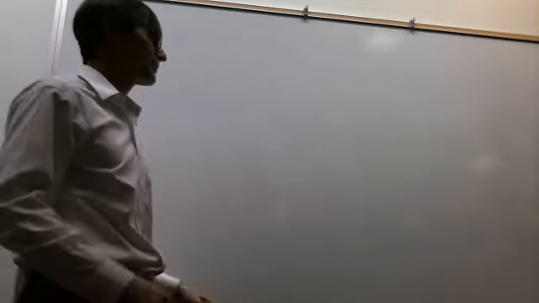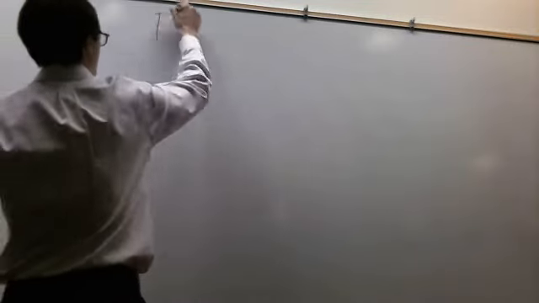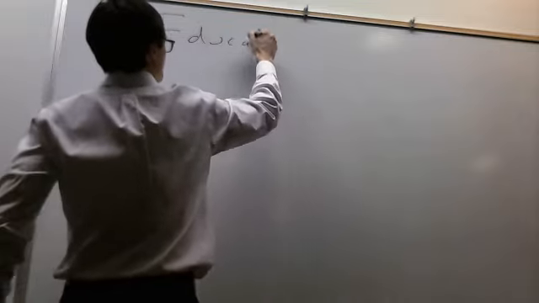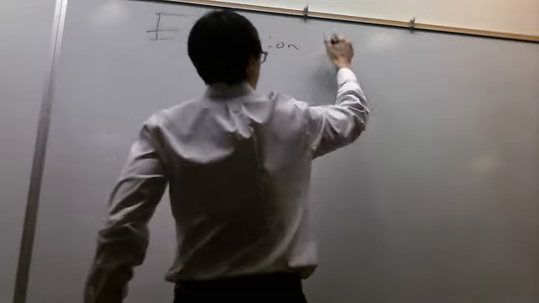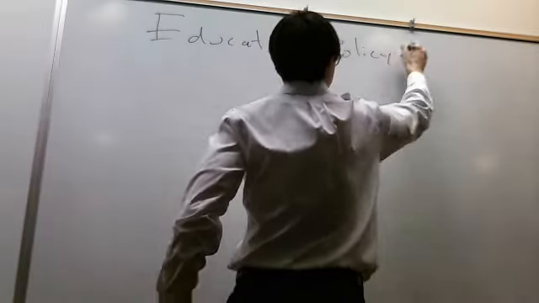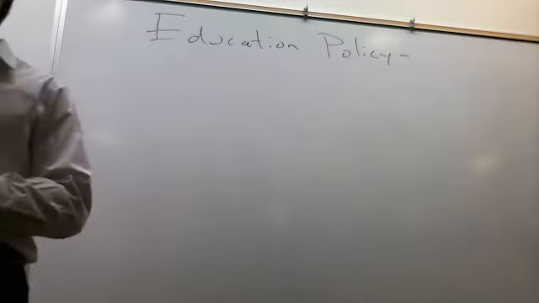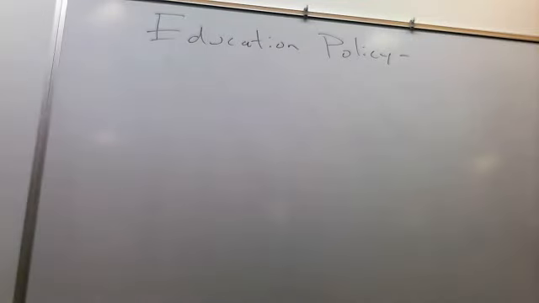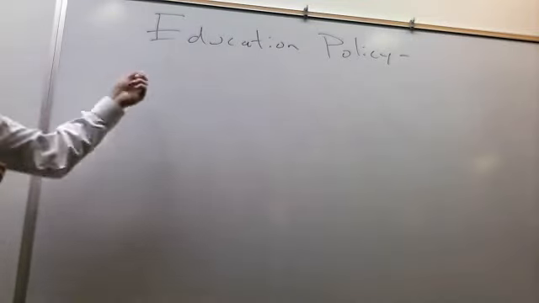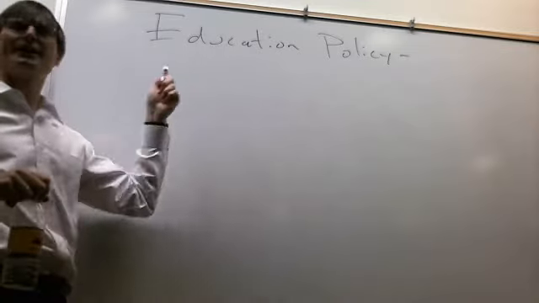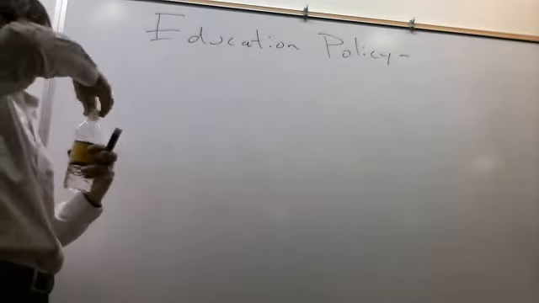So being able to build upon this sort of stuff in a way that isn't necessarily always captured in the market. So let's talk about education policy then in the United States. If we have these non-pecuniary externalities that exist for education, then there's a role for the government to play in actually supporting education.